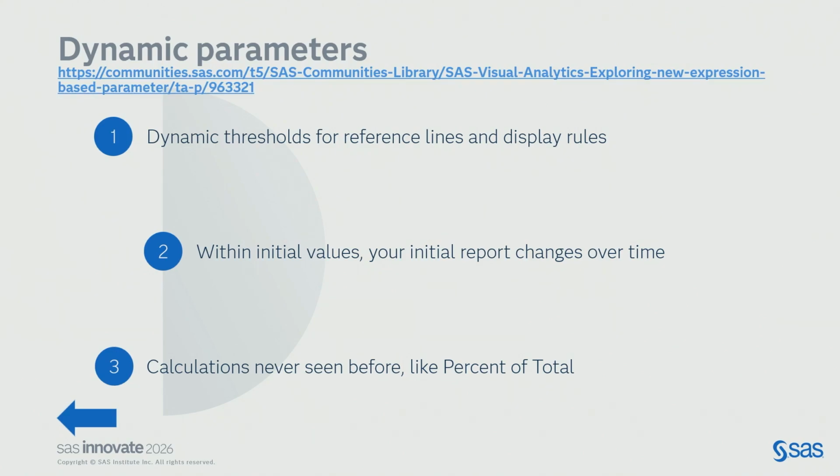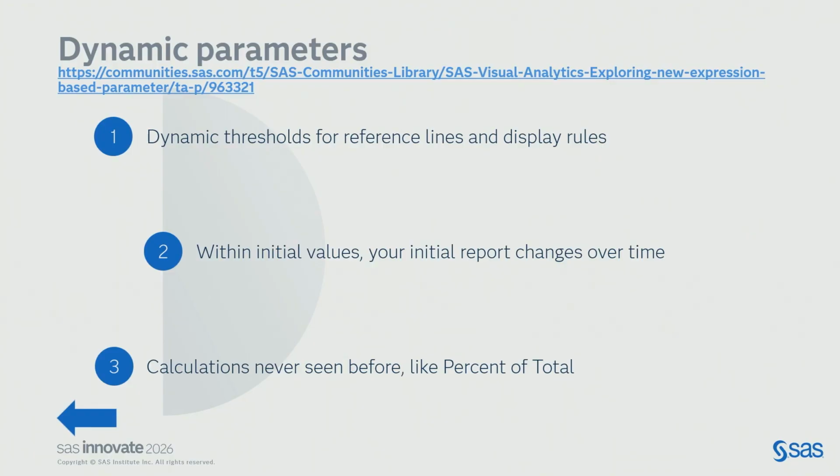And the third example that I gave is you can build calculations that you've never been able to build before in Visual Analytics, including some percent of total calculations that were not possible before. You're able to layer those aggregated calculations on one another very easily with these expression-based parameters.